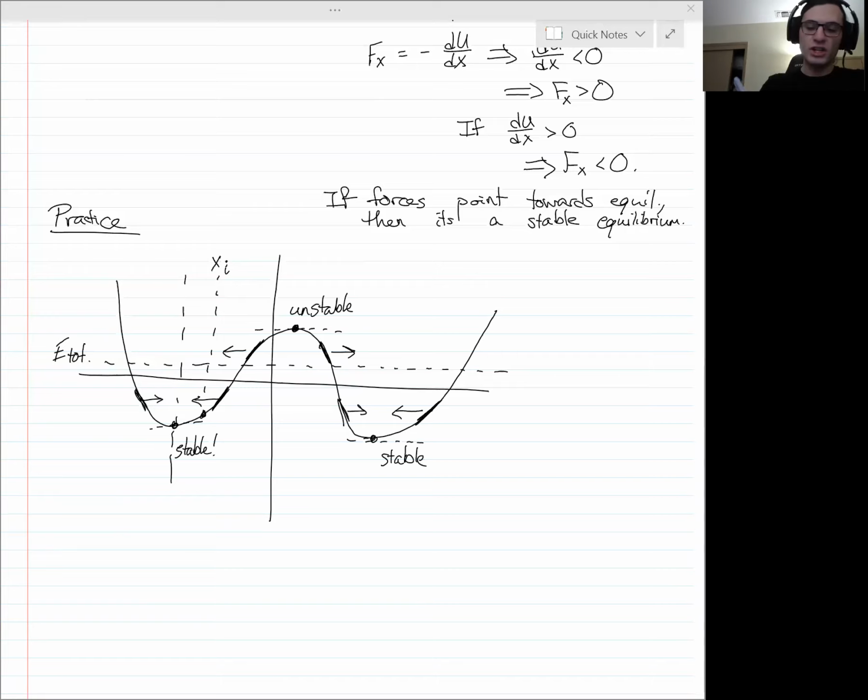So if this is our initial x position, then we could figure out what our maximum and minimum positions are. They're just where they intersect with the potential energy. Note that it's not these values, because there's no way for our object to get over that hump.